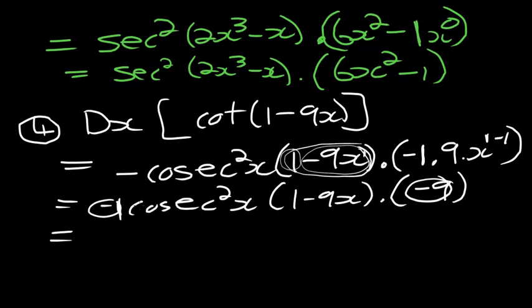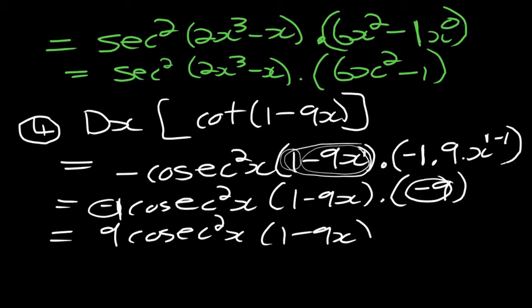If you don't see a 1 there, it's a 1. It's just then 9, because negative times a negative is a positive. Cosec squared x, 1 minus 9x. Okay, just close the bracket there.